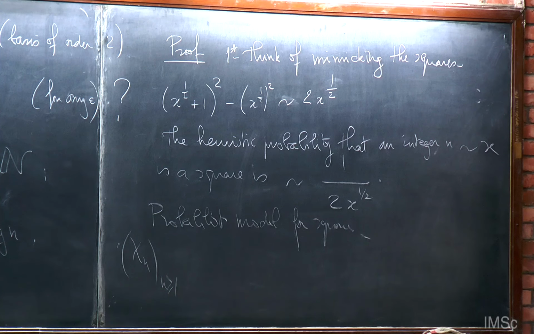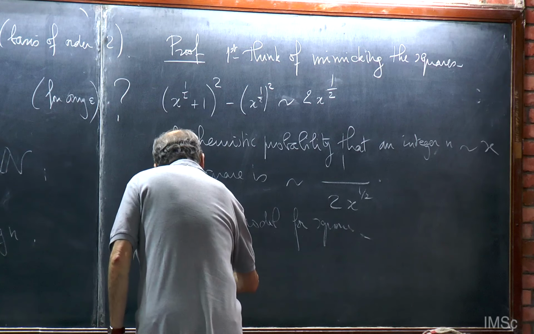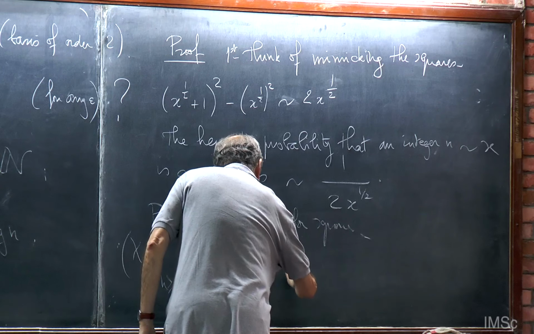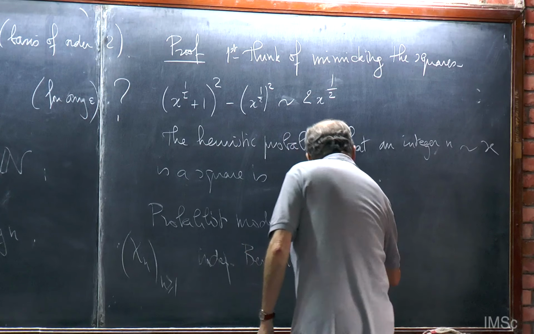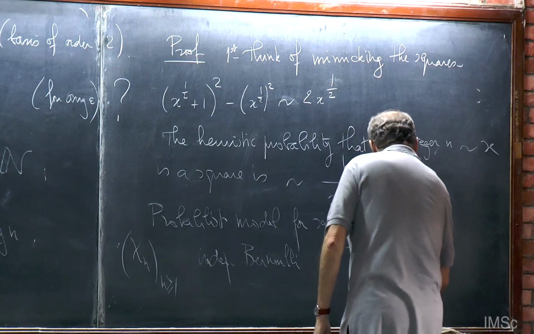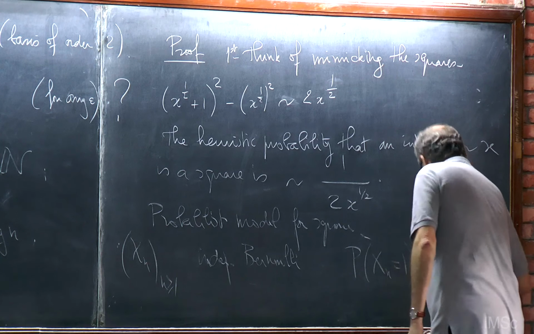Okay? And so what you want to say is that if I have n, the probability that it is in my set is something like 1 divided by 2 square root of n. So which are independent, Bernoulli as usual, such that the probability that xn is equal to 1 is equal to 1 divided by 2 n to 1/2.